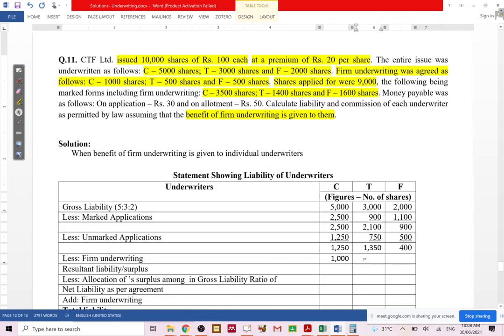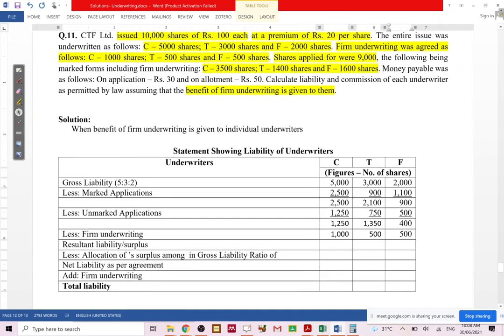So C had taken 1000, T had taken 500 and F had also taken 500 firm underwriting shares. Clear? So after minusing this, whatever we get will be called the resultant liability or surplus. Let's see what we get. This is a positive figure 250, again a positive figure 850, and here it's a negative figure 100.